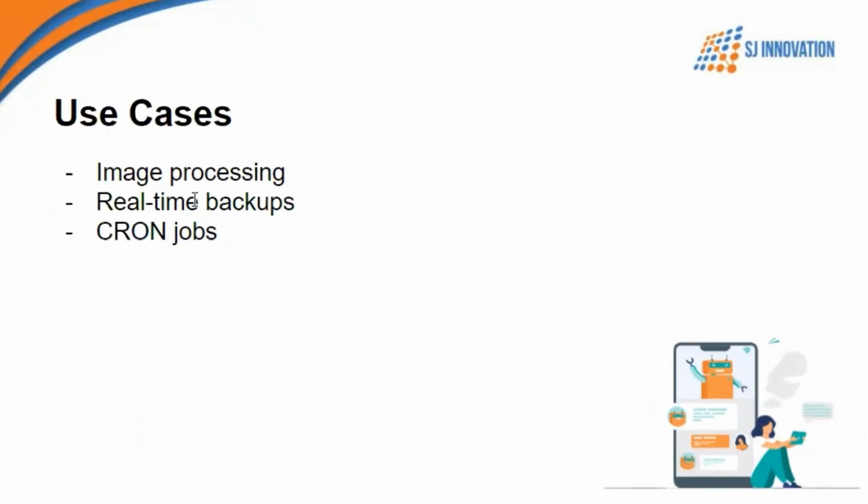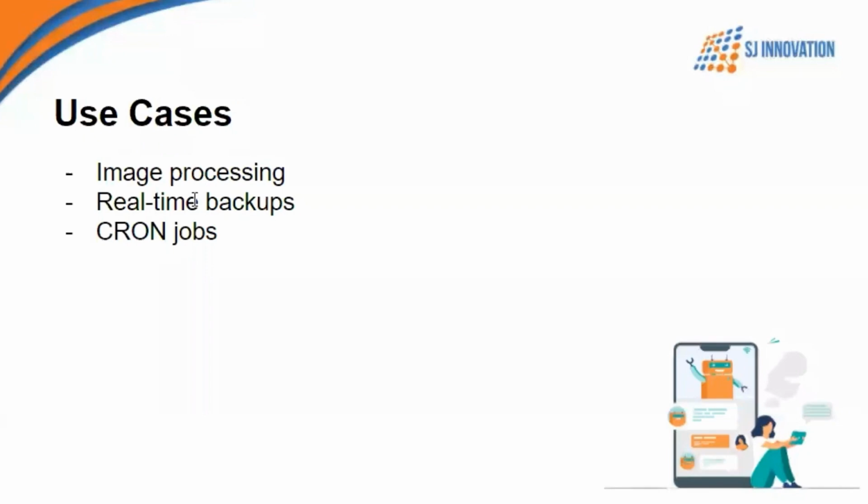Second is image processing. In social media apps, a lot of images get processed, so you can build a dedicated Lambda function that only processes the images. When there is a huge workload, you can simply increase those resources and your functionality will work fine.